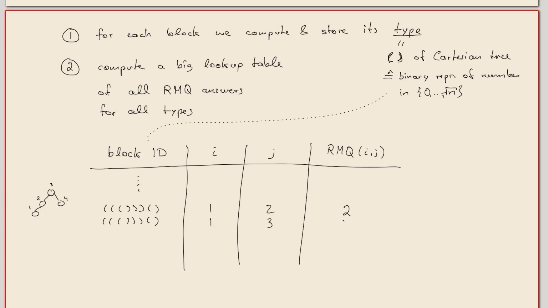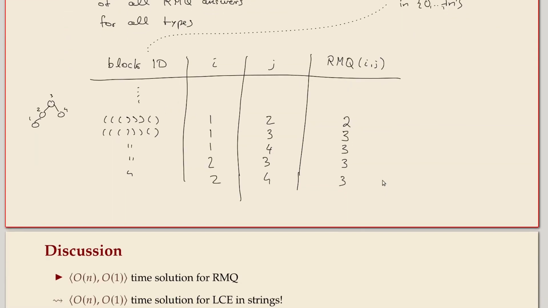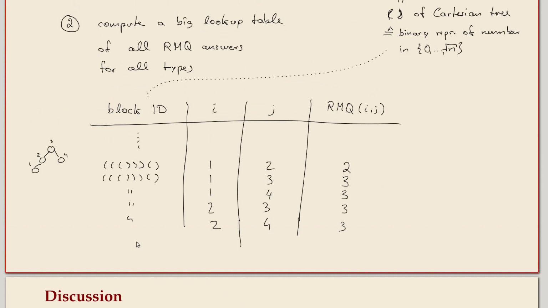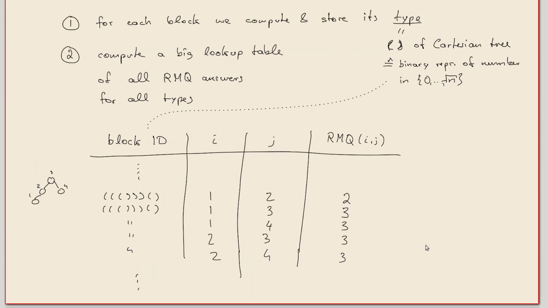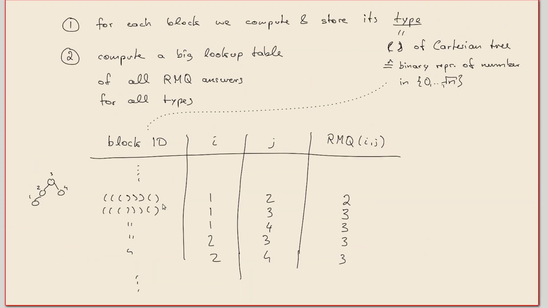In that case, 3 is the answer. And we'll have another copy of this with 1 and 4. In that case, also 3 is the answer. And we will have 2 and 3 and 2 and 4. And so it's always 3. And that's probably all combinations. And we do this for every possible block ID and every possible combination of i and j.